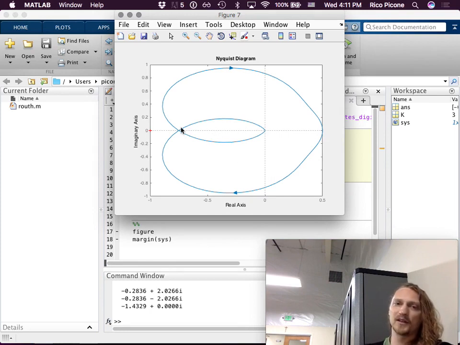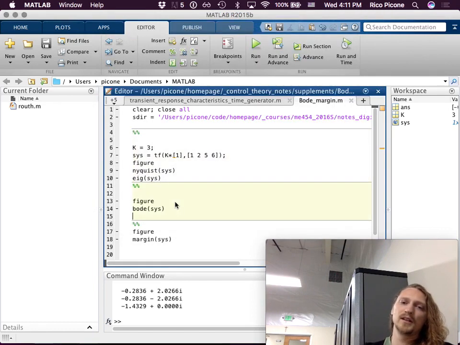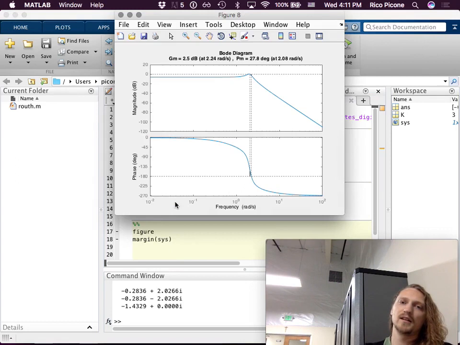Because the unit circle isn't drawn on here, but I believe this leaves it and comes back into it. So when we do this one, yeah, we're going to actually see the phase margin here as well. So the gain margin and the phase margin. The gain margin became 2.5 dB, and then we have 27 degrees of phase margin.